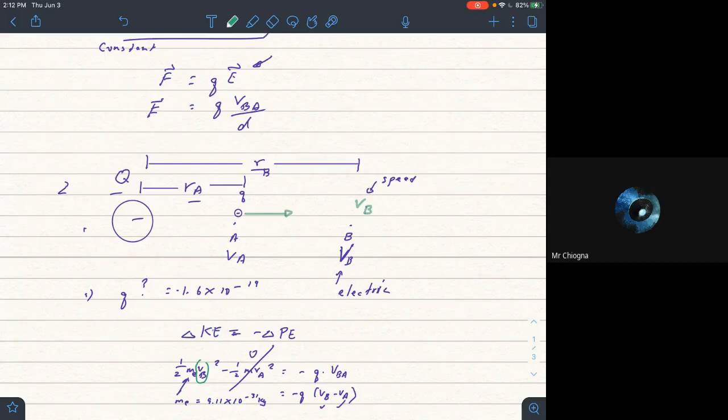Pretty high. What happens when you let the electron go from A? What changes? Kinetic energy increases.